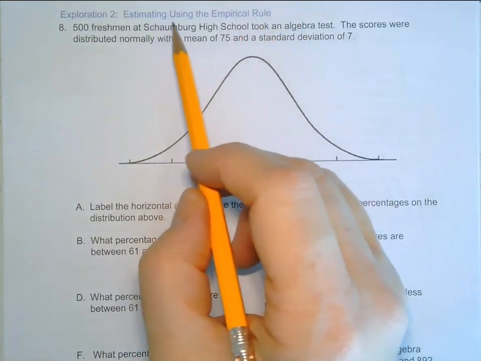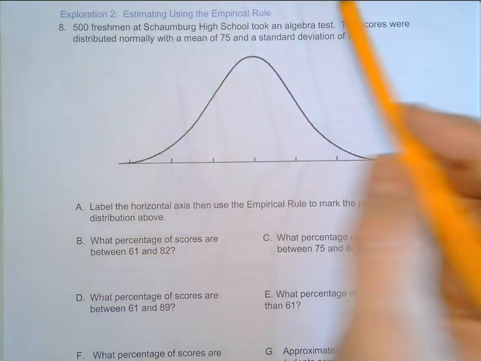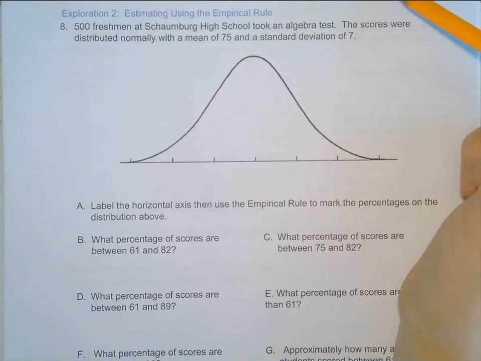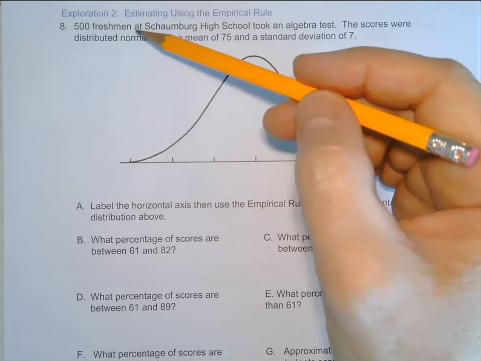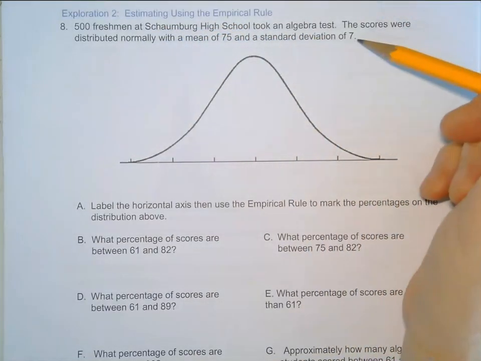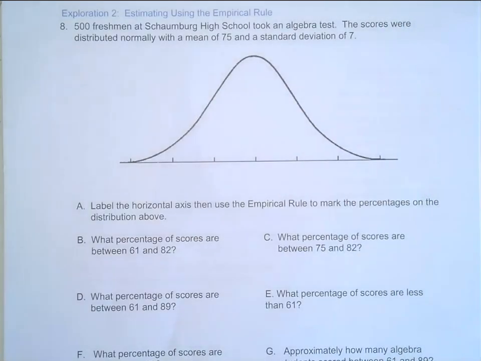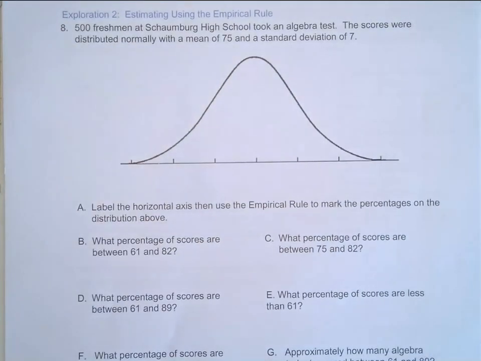Okay, exploration 2. It says here, estimate using the empirical rule. 500 freshmen of Schoenberg High School took an algebra test. The scores were distributed normally with a mean of 75 and a standard deviation of 7. So I'm going to use my data here. Let's mark in what we know.